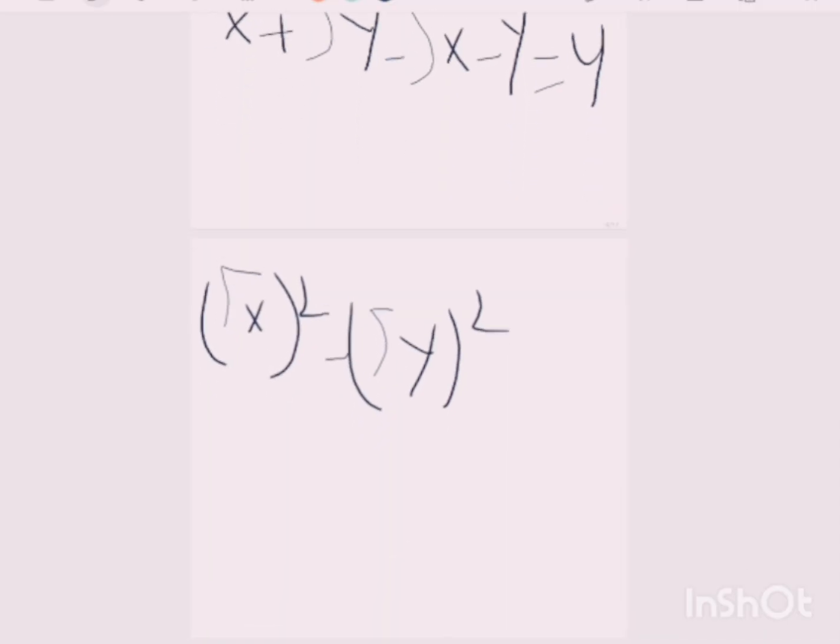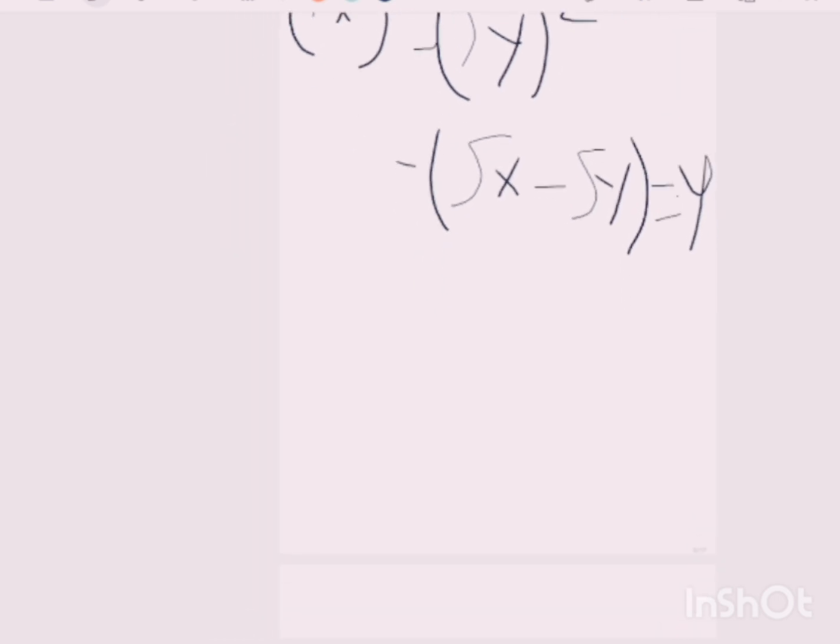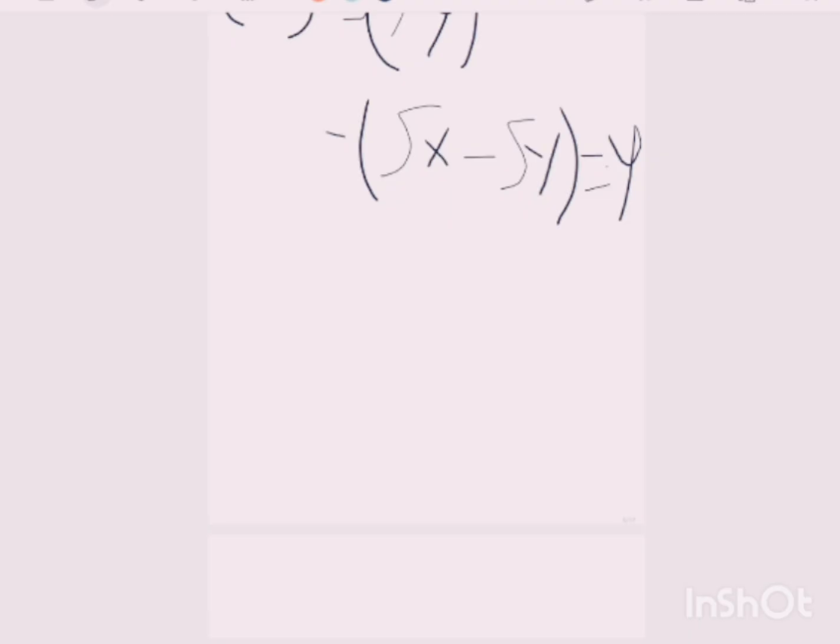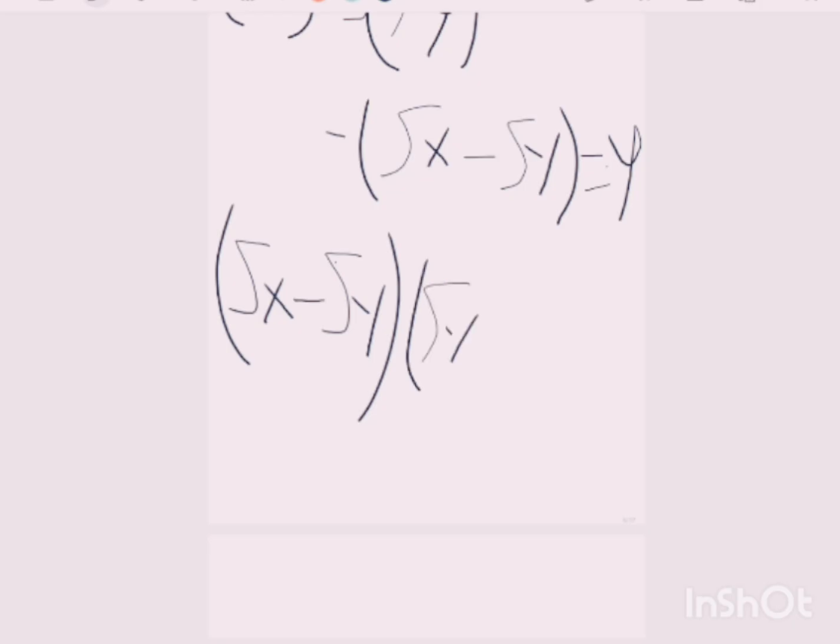Taking minus common, this will be root x minus root y. Basically in this question we can take root x minus root y outside, and the expression inside will remain root x plus root y minus 1, equals 4.